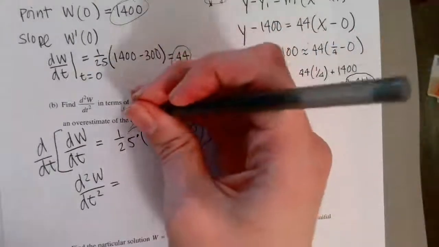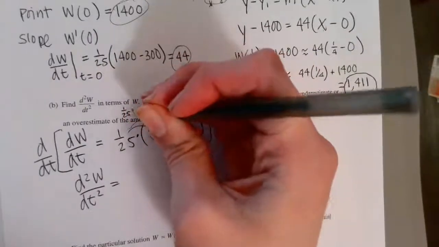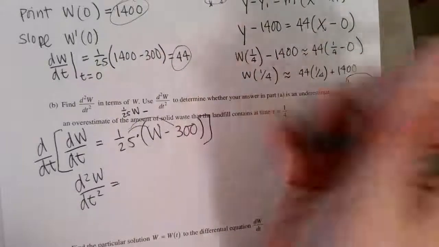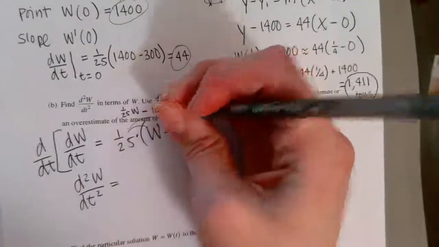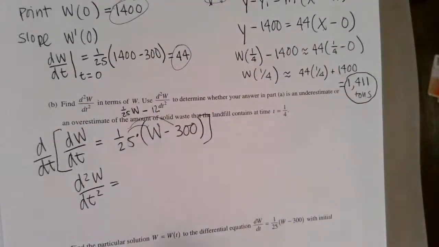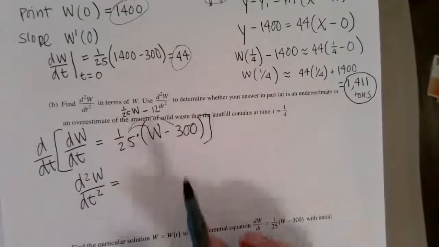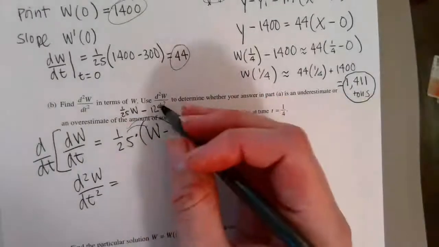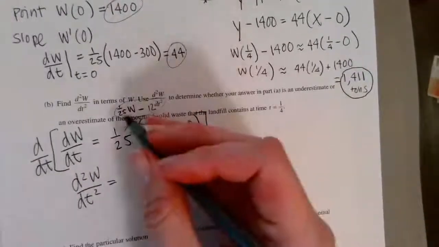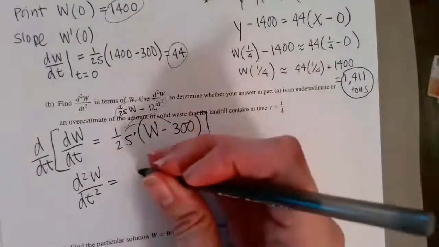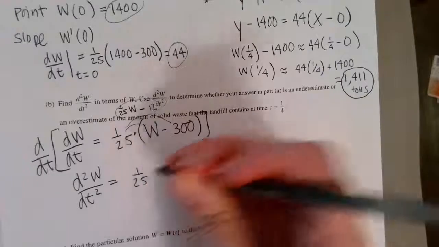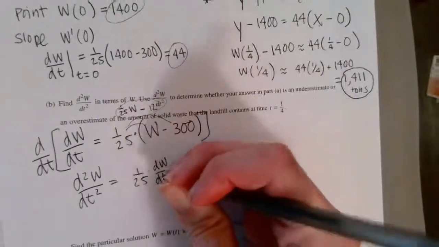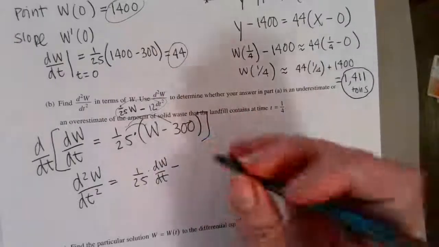So this is the same thing as 1/25 W minus 300 over 25, which is 12. I'm going to differentiate this. The derivative of 1/25 W is 1/25 times dW/dt, minus the derivative of 12, which is 0.